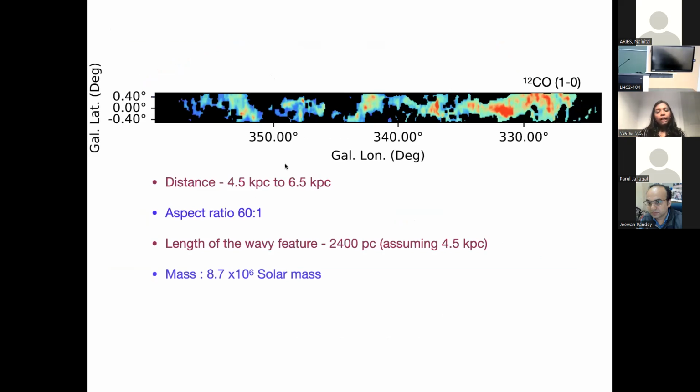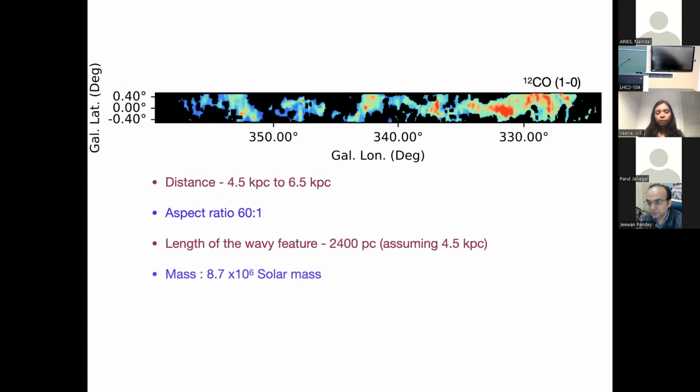Then we tried to estimate the distance using kinematic calculations. We found that towards the lower longitude range, at 330 degrees, the distance is roughly 4.5 kiloparsec. Whereas if we move towards the proximity of the galactic center, the distance is approximately 6.5 kiloparsec.